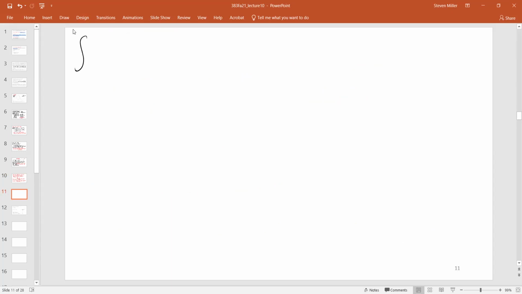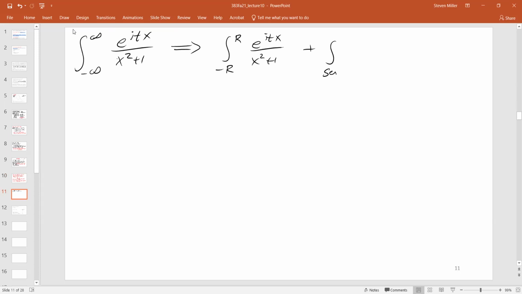So we want to integrate from minus infinity to infinity e to the itx over x squared plus 1. So we convert this to integrating from minus r to r of e to the itx over x squared plus 1, plus the integral over the semicircle.